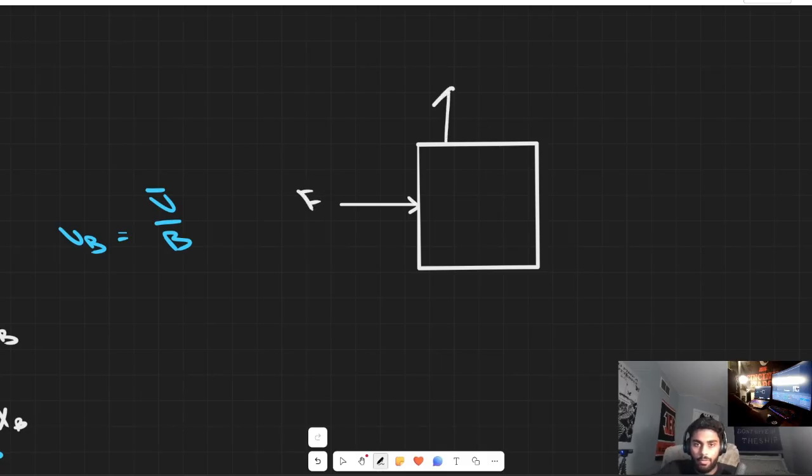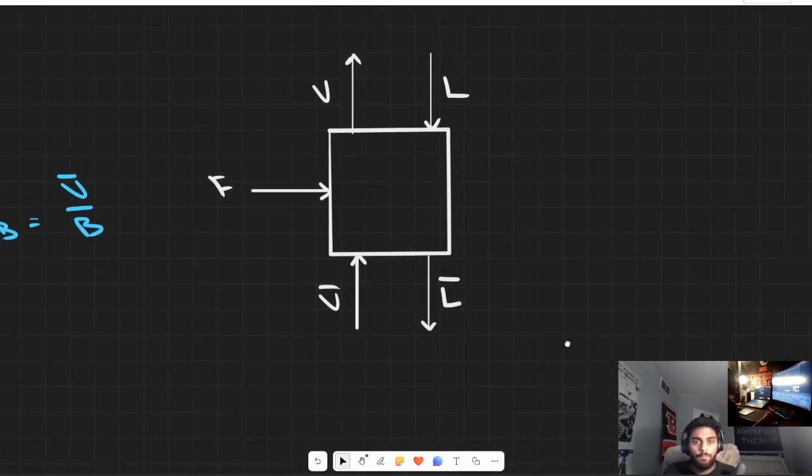We have vapor exiting our stage. So this is V. We have liquid entering. This is all on the rectifying half of our distillation column. We have a V bar coming in from our stripping half, and we have an L bar exiting into our stripping half.